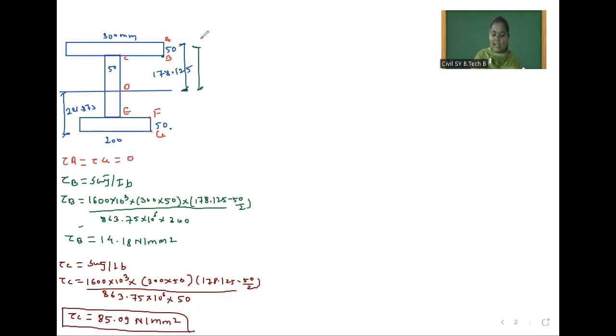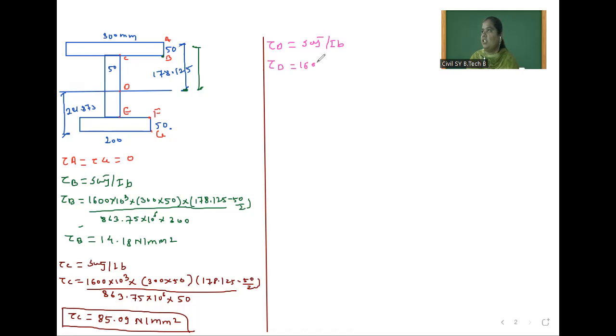So shear stress at D is nothing but shear stress at which axis? Neutral axis. So next point is shear stress at D, that is tau D, which is equal to, the equation is same, S A y bar divided by I B. So tau D is equal to shear force 1600 into 10 raised to 3 into, now we are finding out this D point.